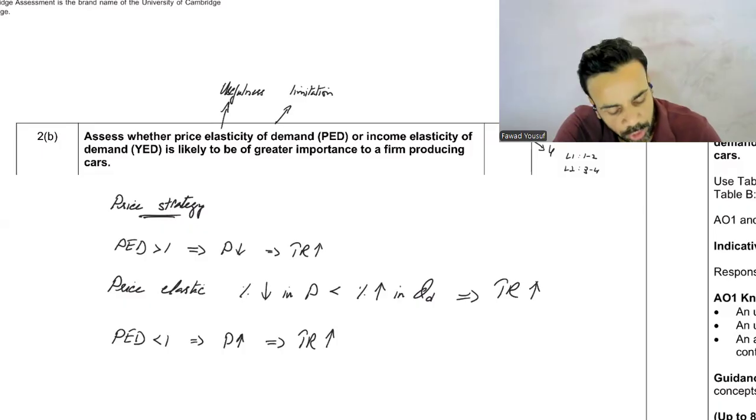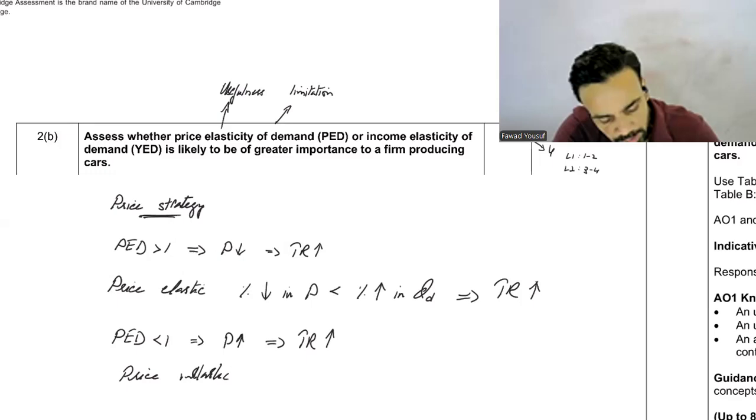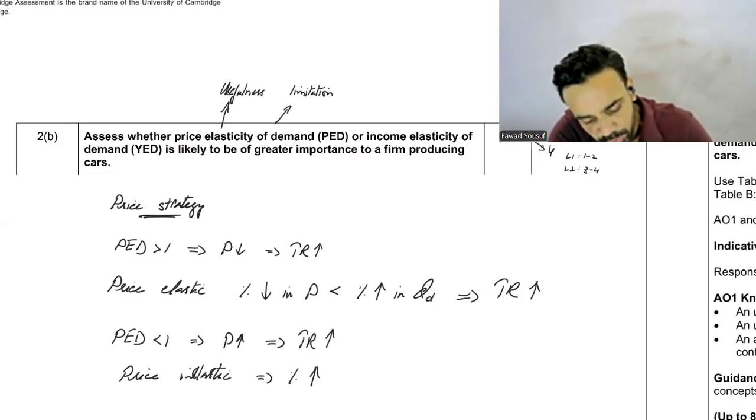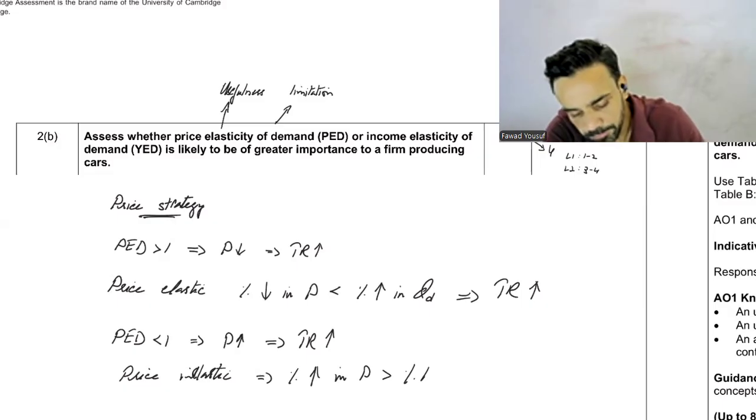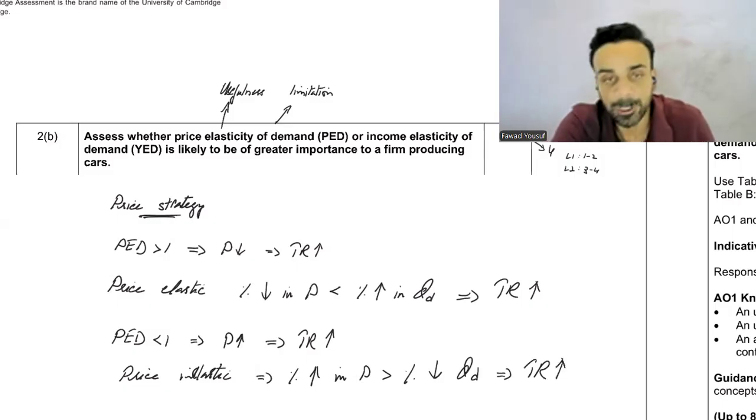Okay? Because when the product is price inelastic, the percentage rise in the price is greater than the percentage fall in the quantity demanded. So that leads to revenue going up.